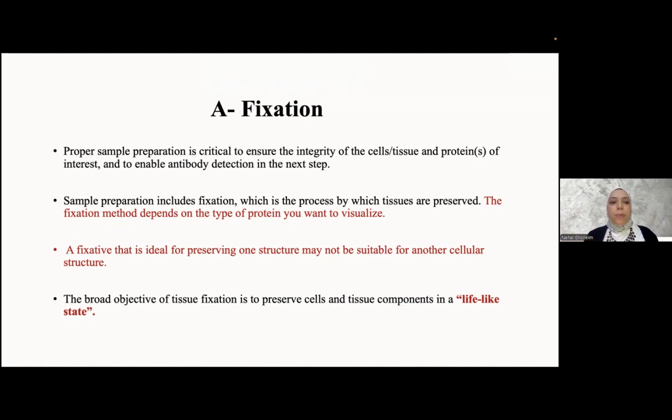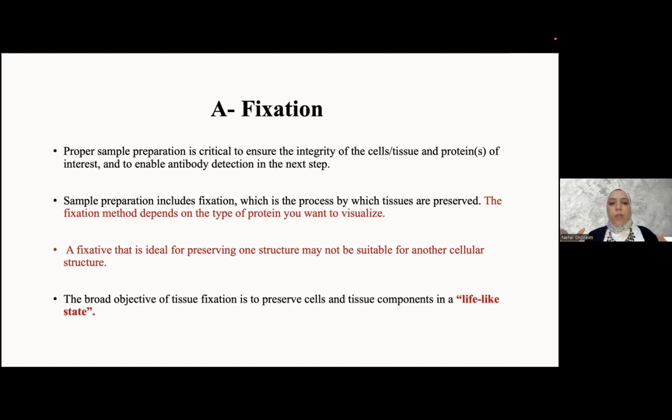The sample fixation is the process by which the cells are preserved. The fixation methods depend on the protein that we want to visualize, because we have several types of fixatives, and a fixative ideal for preserving one structure may not be suitable for another cellular structure.